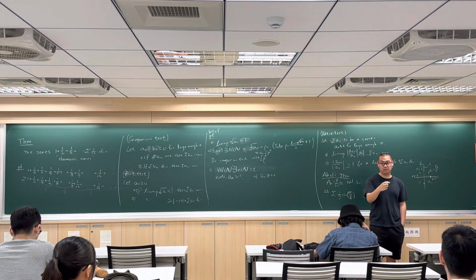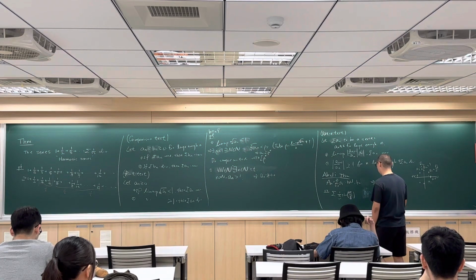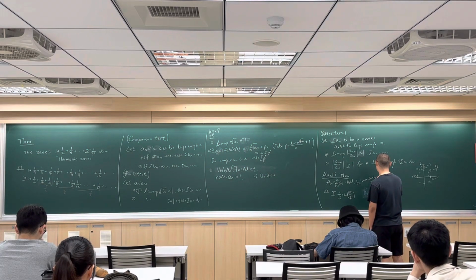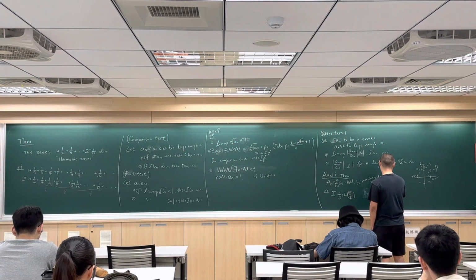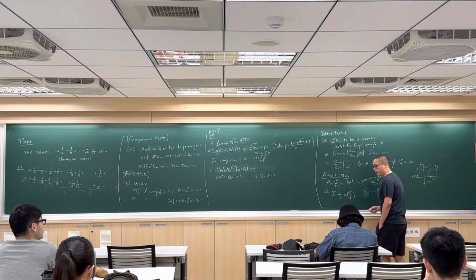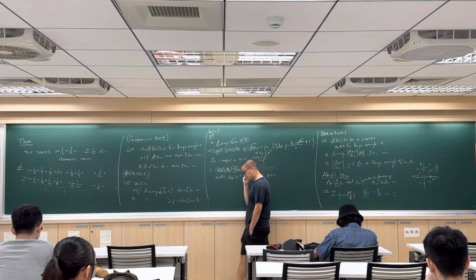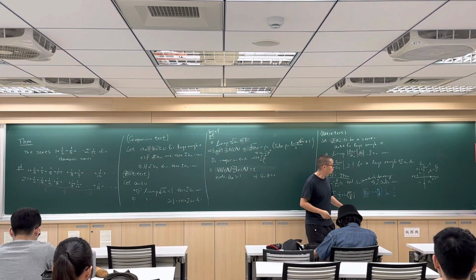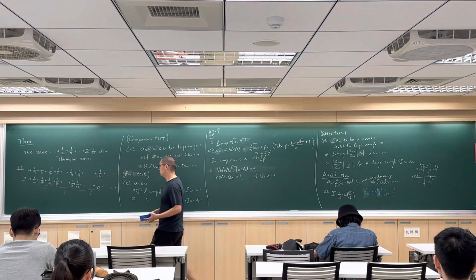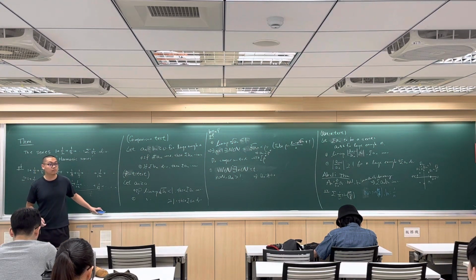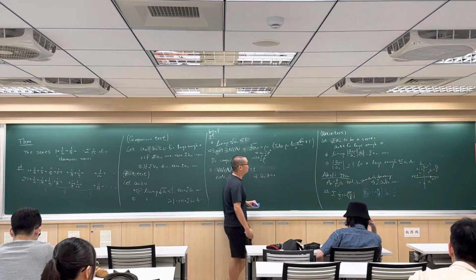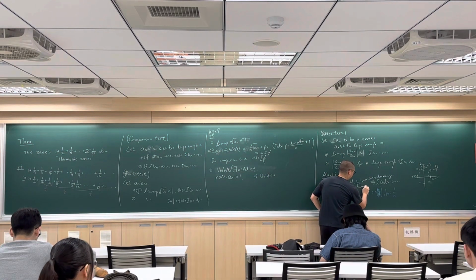If I want to change it into that one. Yeah, we need monotonic decrease. You're right. And also limit 0. Yes, three conditions.